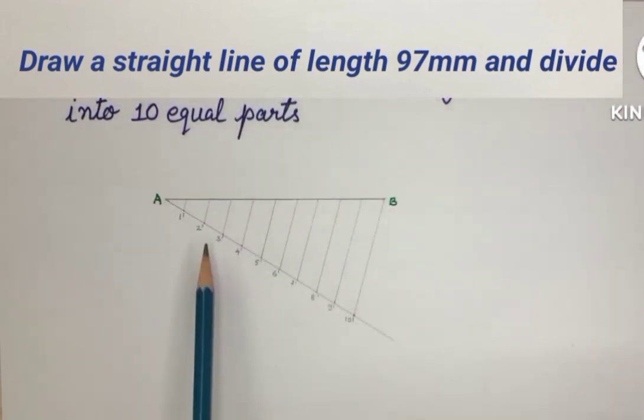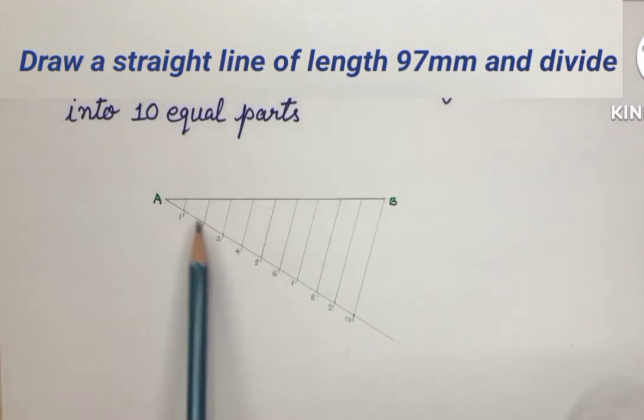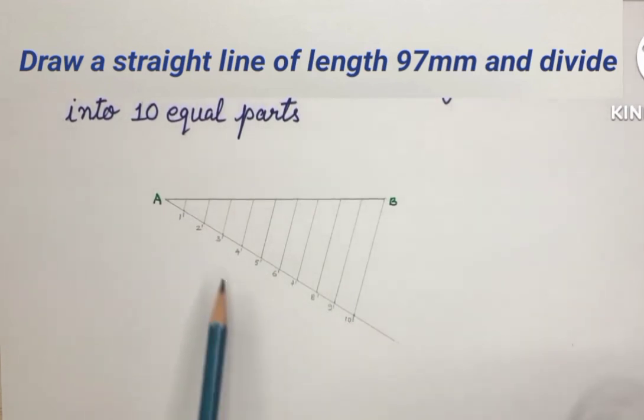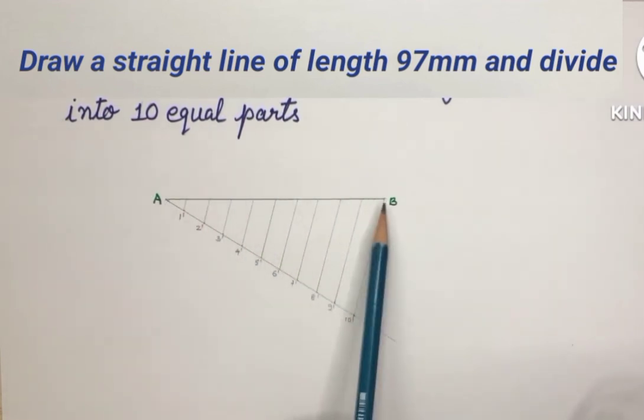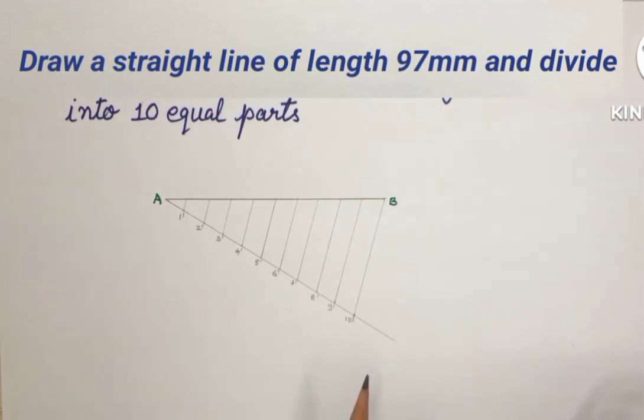So we can see that from 1 dash till 10 dash we have projected number of lines on line AB, and this line AB has been divided into 10 number of parts.